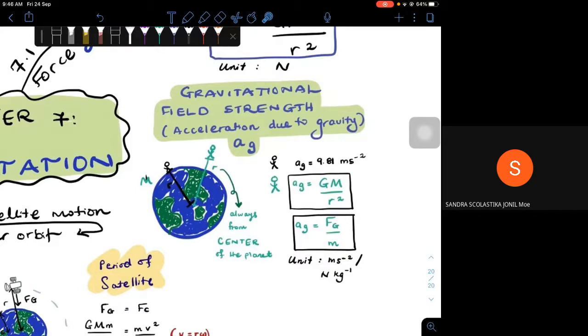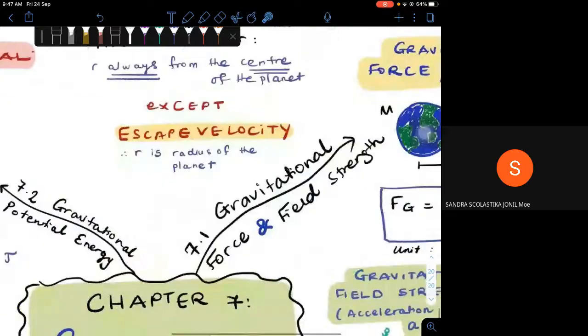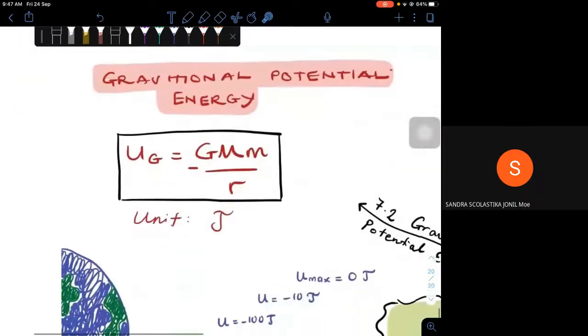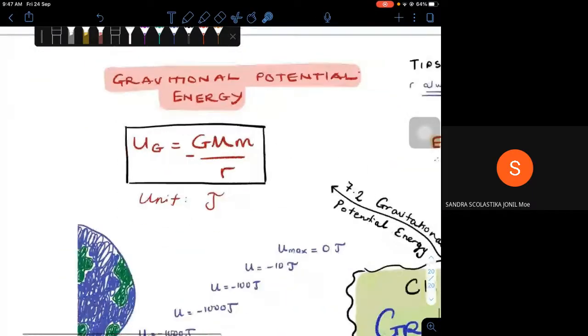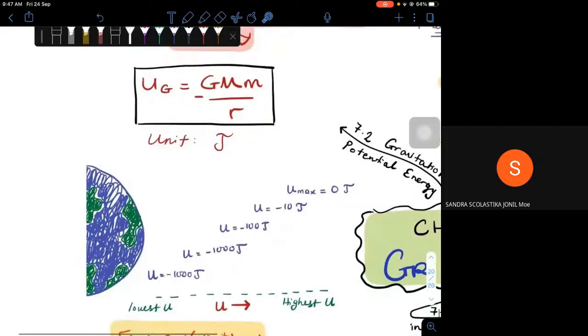Lepas tu kita belajar pasal gravitational potential energy. Again, ini melibatkan dua benda. Katalah kita ada objek kat sini. So kita cakap mass of the planet, mass of the object over the distance between them. Bukan the distance between them, always from the center juga.